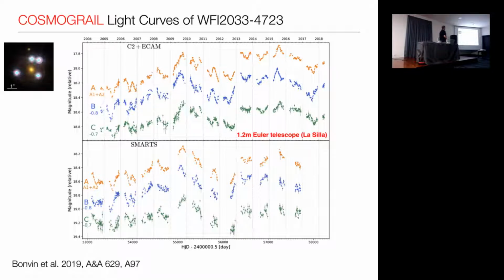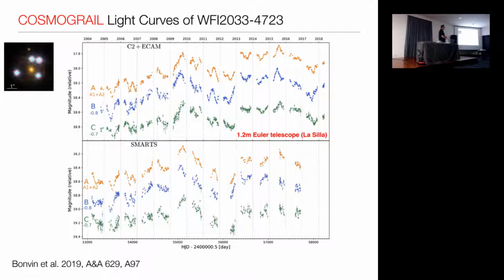So what we do, that's another light curve of a quadruply image quasar. What we do is now instead of observing once per every few days or week, we observe every day to catch the fast variation of the quasar that are faster than the very slow microlensing variations that I was showing before.